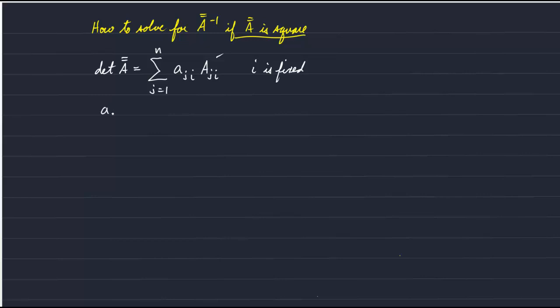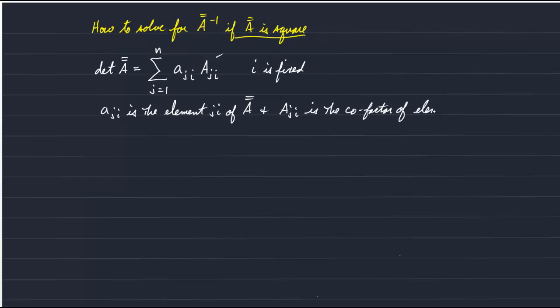So a_ji is the element ji of A, and capital ji is the cofactor of element ji.